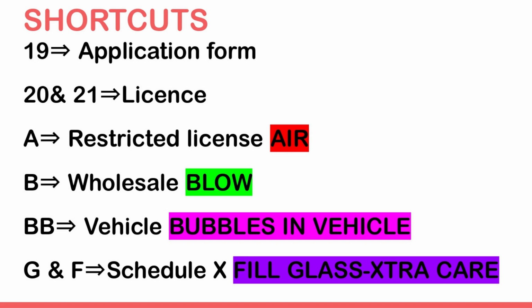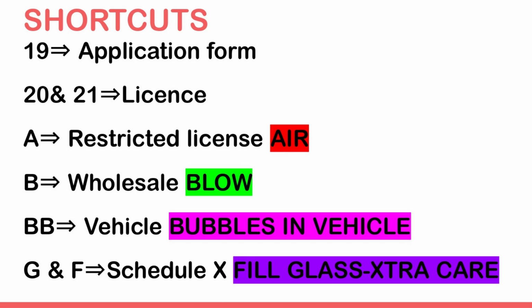Second type is license forms. Applications are made to the licensing authority by the person who needs the license. Such forms can be called application forms. And the license is issued by the licensing authority in license forms.